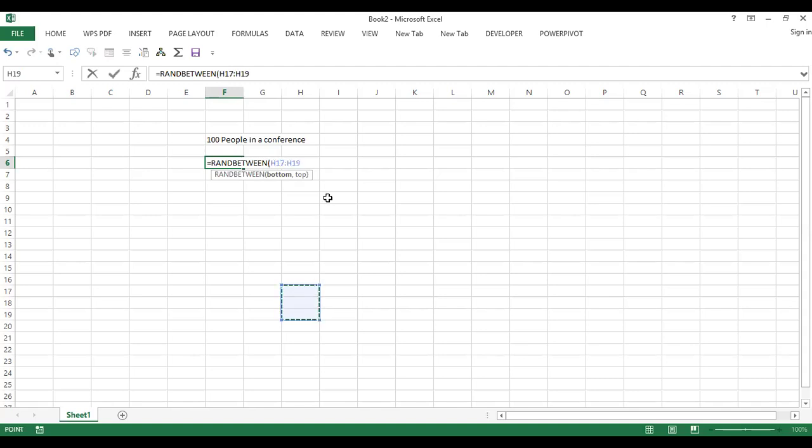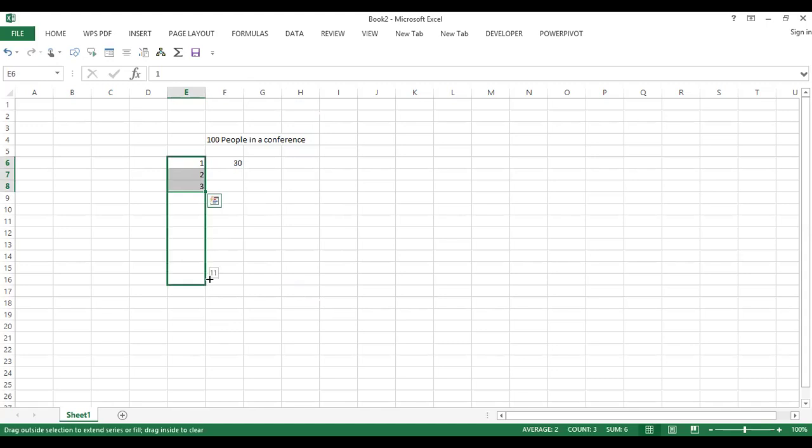That's random numbers between 1 and 100. How many people do we need? 10. We are going to stop at number 10.